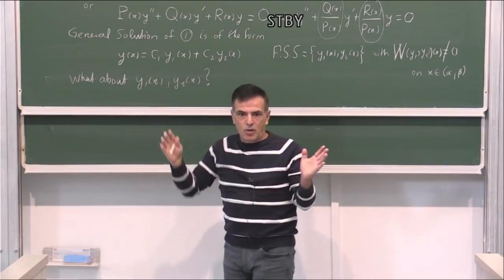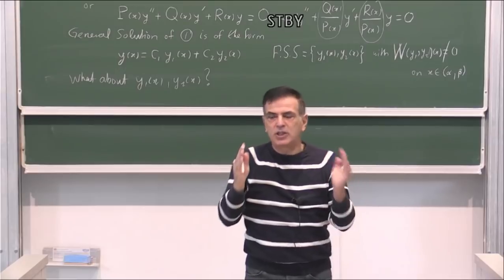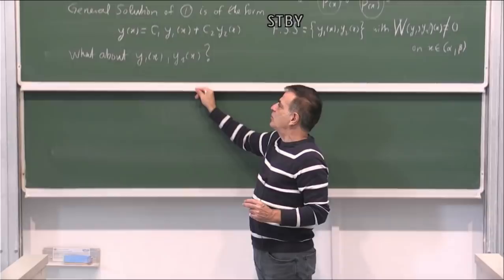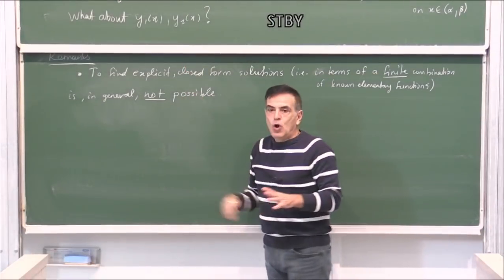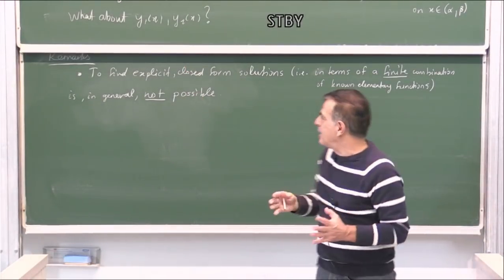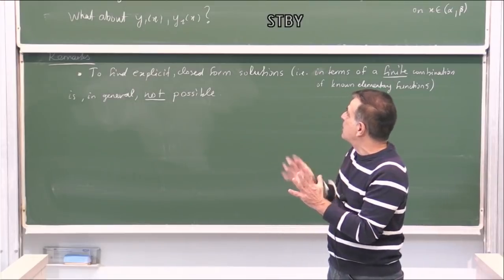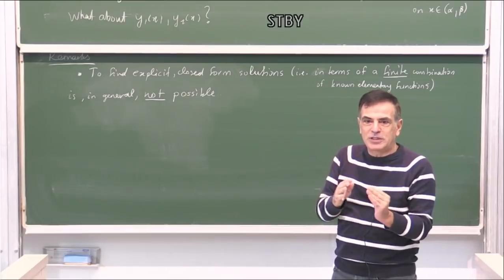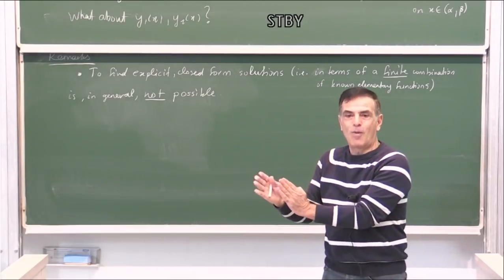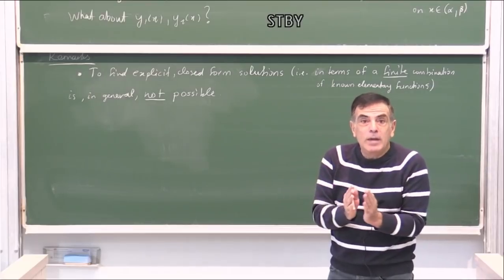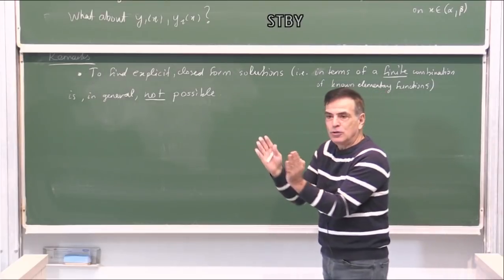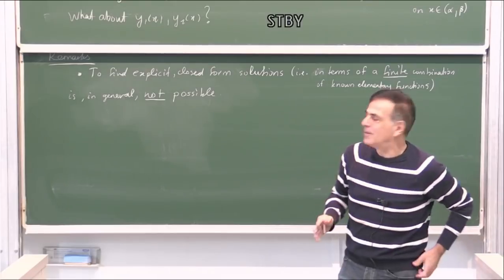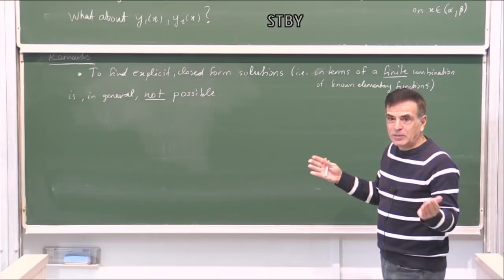So from a practical viewpoint, the question is to find y1 and y2. Unfortunately, there is no general method to express the two solutions explicitly, or as we sometimes say, an explicit closed form solution, where we mean a solution written as a finite combination of known elementary functions, is not possible.